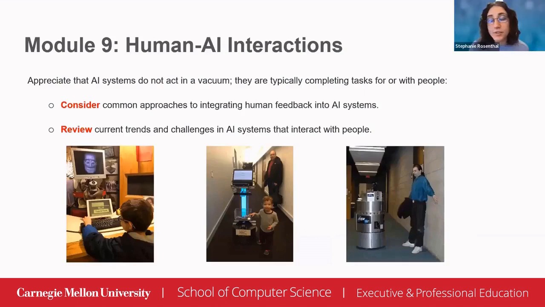Great. So we have two more modules. These last couple, just like module 8, they're trying to sort of combine different techniques together. So in human AI interaction, we cover techniques that help you interact, as it says, with AI systems. So dialogue systems, maybe like Amazon Alexa or Apple Siri and others.